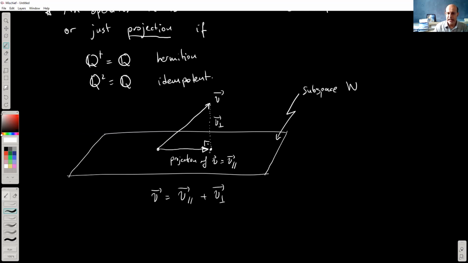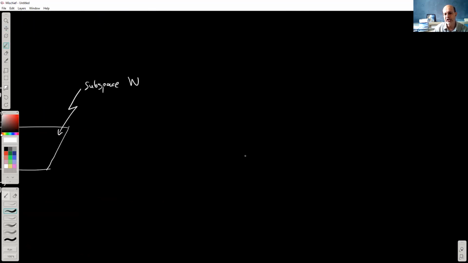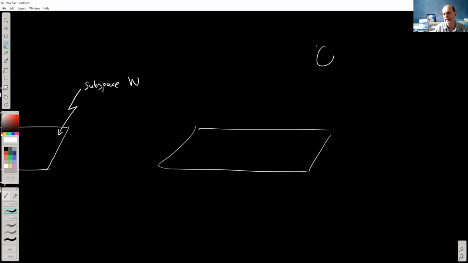In any case, so we have this idea in here. So in that case, what I'm doing is projecting this vector onto that subspace. So that's an orthogonal projection. There are projections which are not orthogonal. So in that case, for example, think of it like this. If I have some kind of sun in here where the light rays are coming at an angle, let's say, in that case, a vector in here might have a shadow like that.